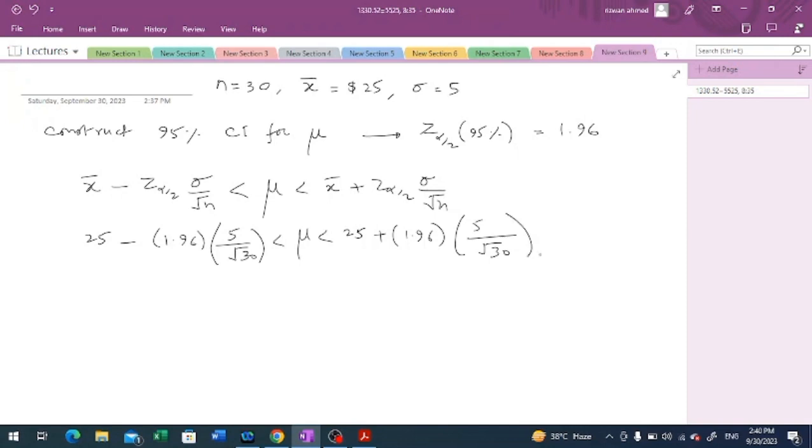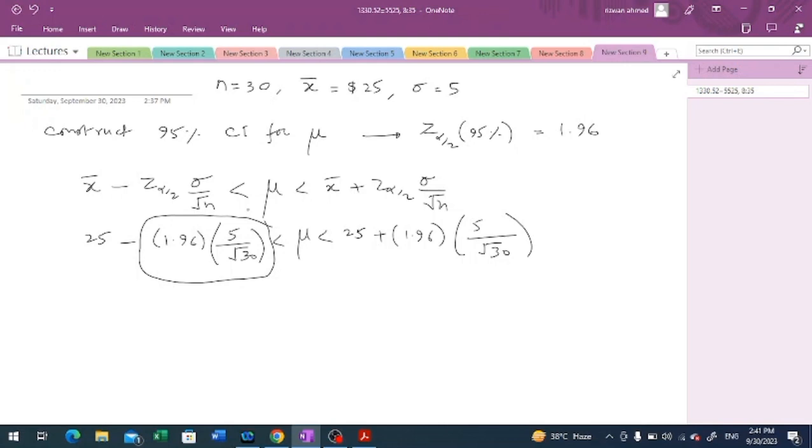And now what we do, we will compute this part first of all, and see what value it would give us: 1.96 times 5, and then divide this answer by square root of 30, which is your sample size.